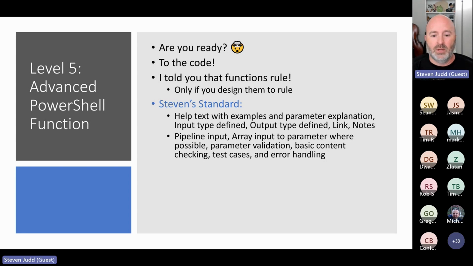So I like to do value from pipeline, but also set an array for whatever I'm going to be passing across, so that in the parameter, like you saw me do with -URL 1, 2, I'm now passing an array into my parameter block. Okay. Parameter validation, very important. Basic content checking, you saw I did that. I have some test cases, and I have error handling.